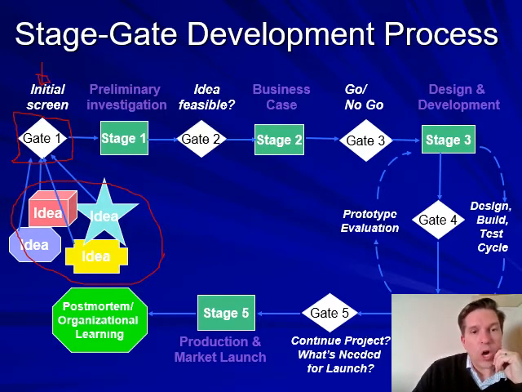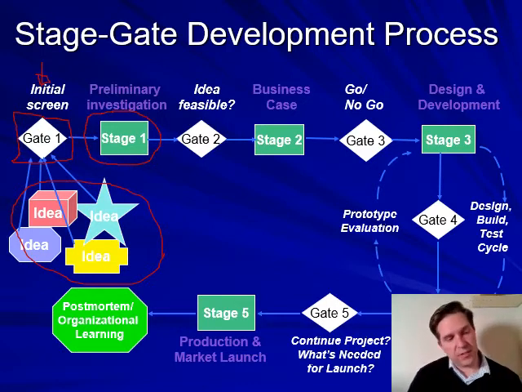And if an idea goes through that gate, then you'll take it into the next stage, right? And that next stage might be, for example, some preliminary investigation, where you're going to do some research into some of the assumptions that are necessary for that product or service to be valuable in the marketplace, right?